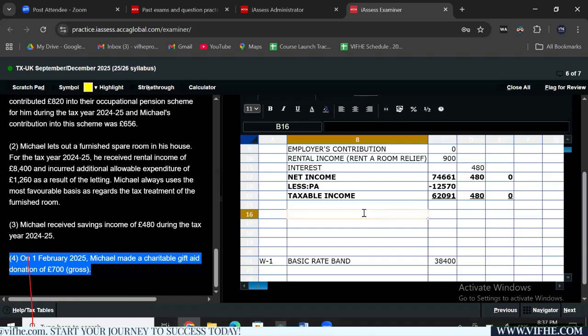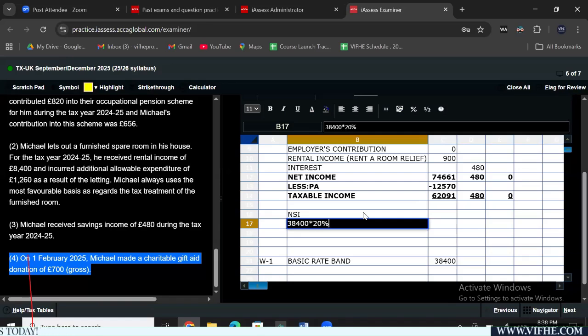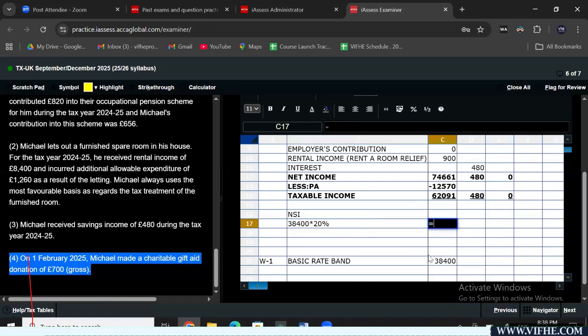Okay, so start with non-savings income column. First, 38400 will be taxed over a basic rate where the rate is 20%. So it's 38,400 into 20%.